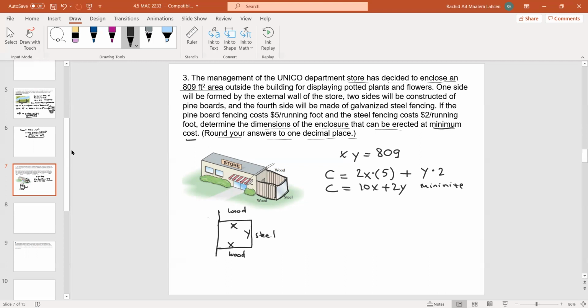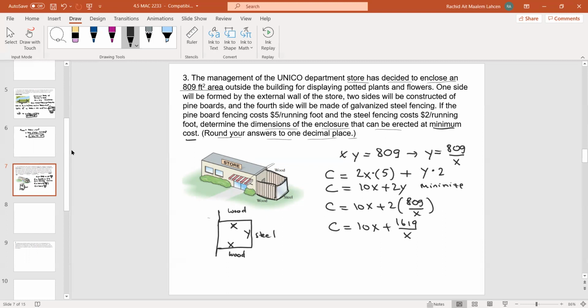And same thing again, we have a Y, so we'll go back to this and get the Y from it. So C is 10X plus 2 times 809 over X. So C is 10X, multiply the 2.